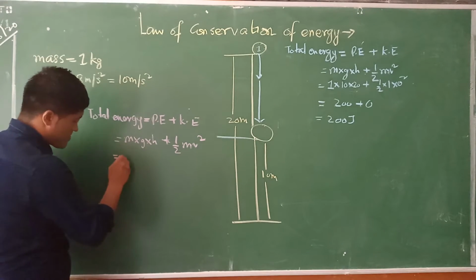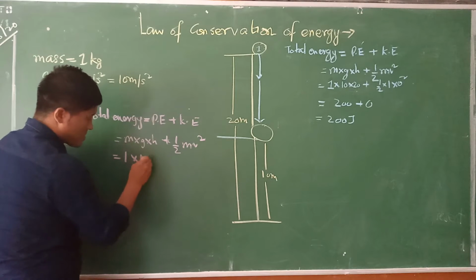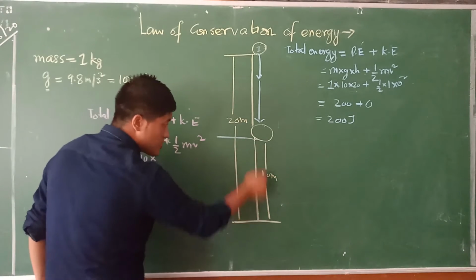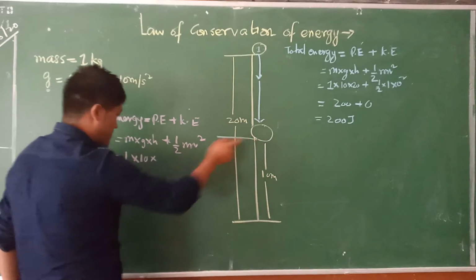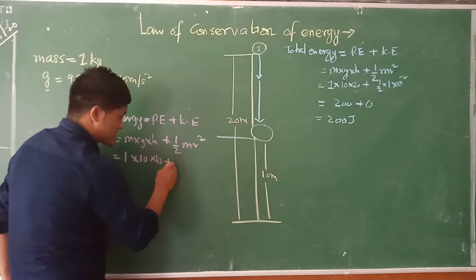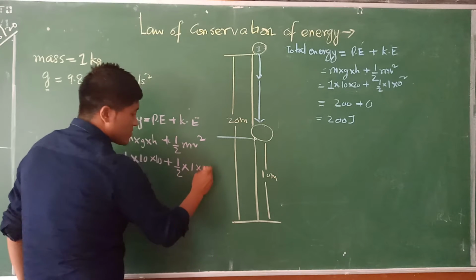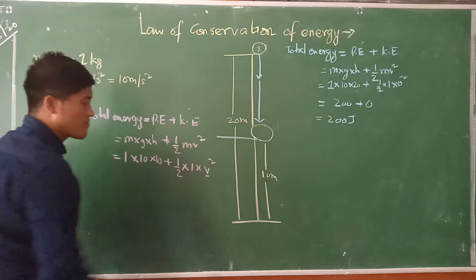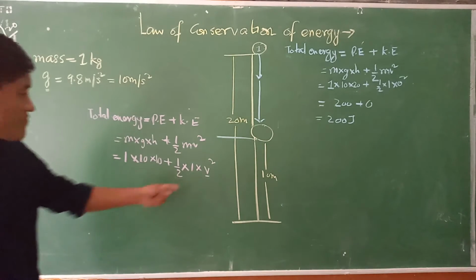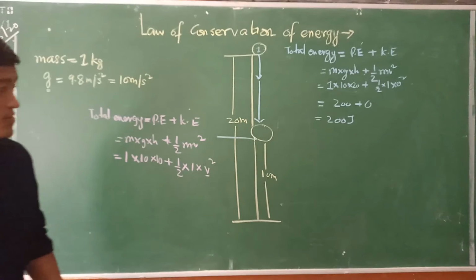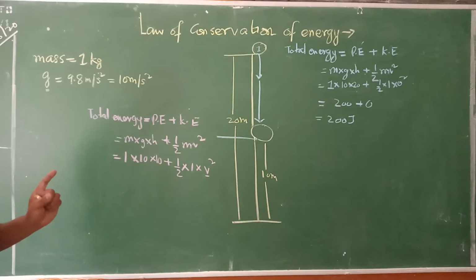So gravity is 10, height has reduced to 10. Now I'm searching for this one here. 10 plus half into mass is 1 into v square. Now this is the value we have to find. This is the value of v square. We have to find this value of v square.